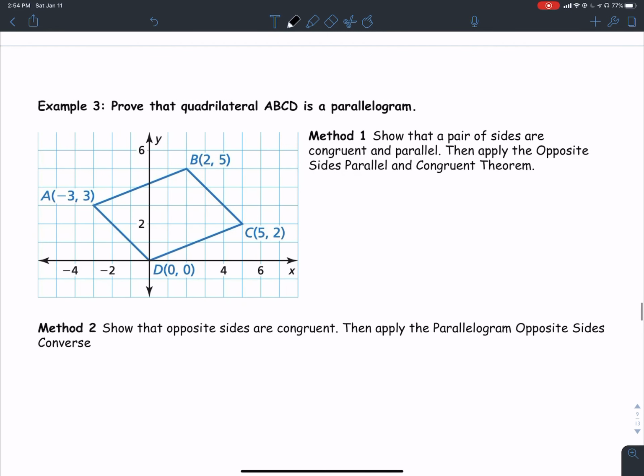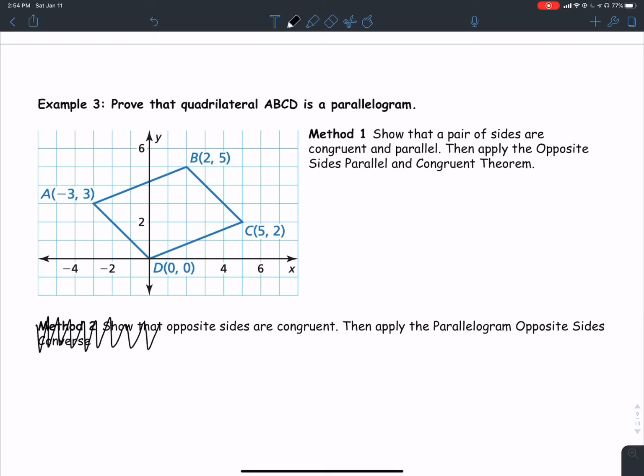So example 3 says prove that the quadrilateral ABCD is a parallelogram. So originally I was going to show you 2 new methods, but I'm only going to show you one. Okay? So in order for the quadrilateral to be a parallelogram, opposite sides have to be congruent and parallel. Okay? So ignore this method 2. So what we're going to do is I'm going to first prove that they're congruent.